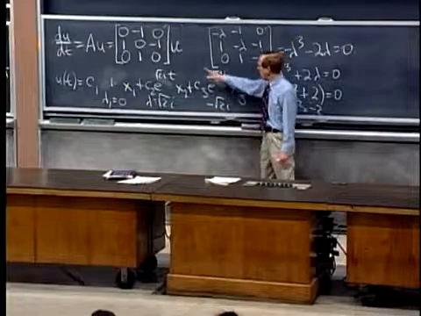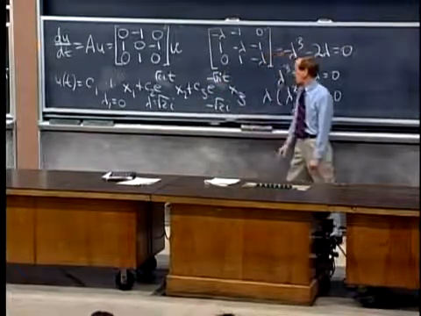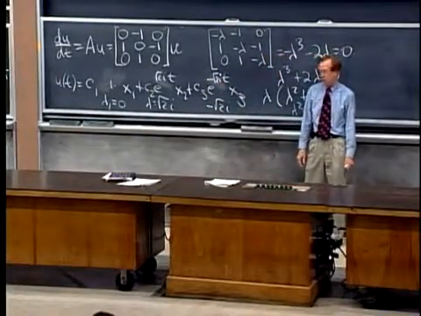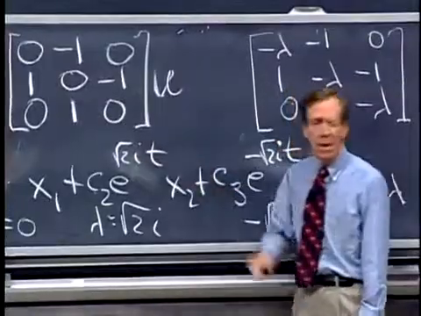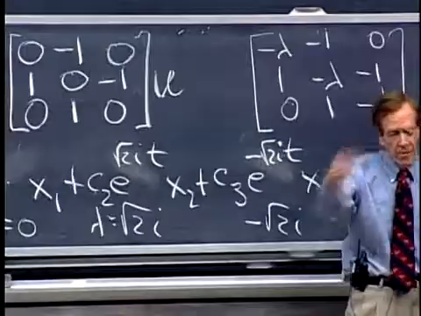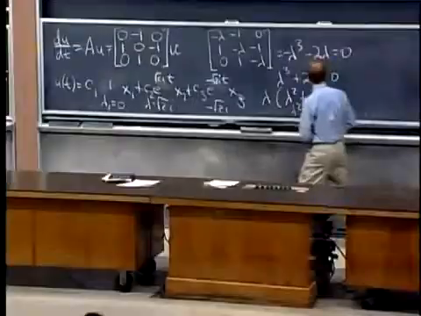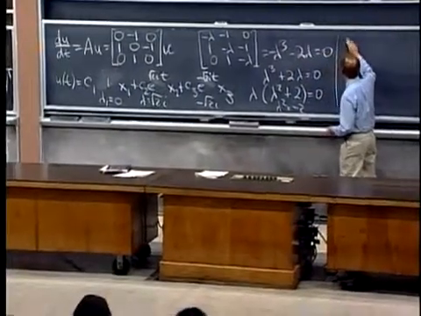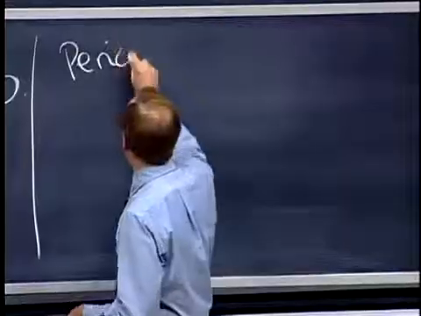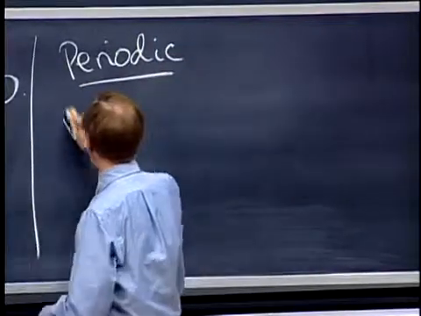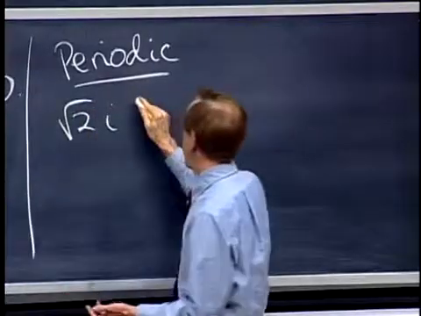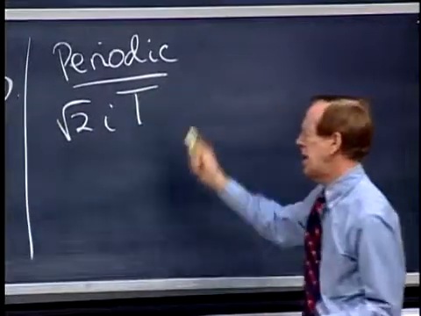But it comes back to the start when? Well, whenever we have e to the 2 pi i, that's 1, and we've come back again. So it comes back to the start, it's periodic when this square root of 2 times t, shall I call it capital T for the period?